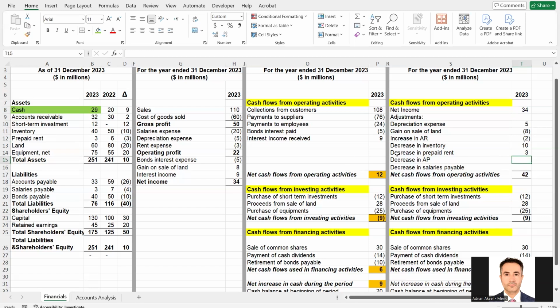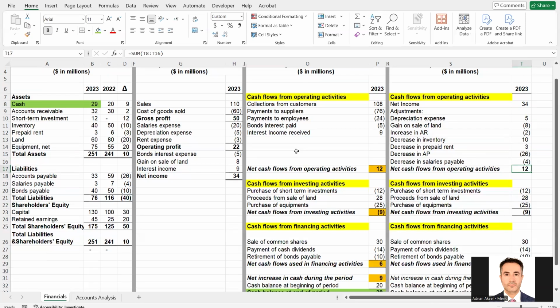On the other side, on the liability, both AP, accounts payable, and salaries payable, they declined. In both cases, when a liability is decreasing, sorry, this is negative cash, as if I am paying back to the suppliers. So the reduction in AP takes out 26 million of my cash, and the reduction on salaries payable takes out 4 million of my cash.